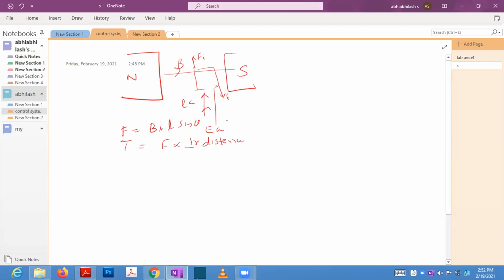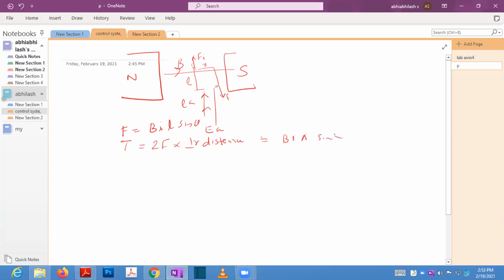There are two forces, one upward and one downward. The perpendicular distance: L is the length, R is the breadth. So the torque is equal to B I into L cross R, which is the area A, into sine of the angle.